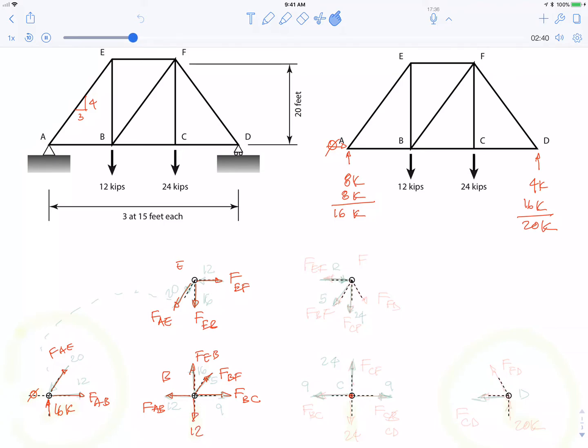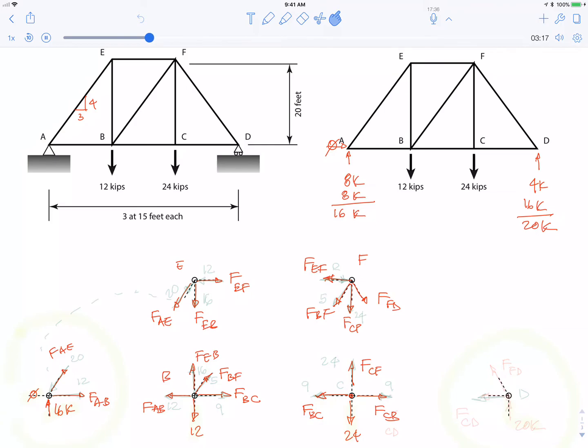At joint C, we have this 24 kips down. We have FCF, which is going to be 24, obviously. FCD and FBC. Let's go up to joint F. At joint F up here, we have this FCF, this one FBF, FEF, and FFD.